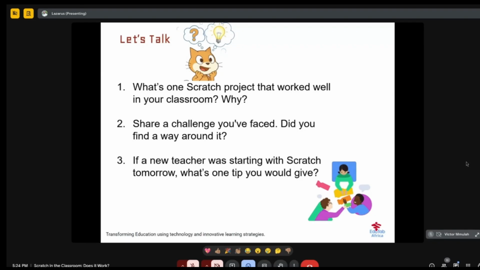Then, what's a challenge that you faced, and did you find a way around it? And the last one: if there's a new teacher starting with Scratch, what's one tip you'd give them? There is no particular requirement, so feel free to say something about it.